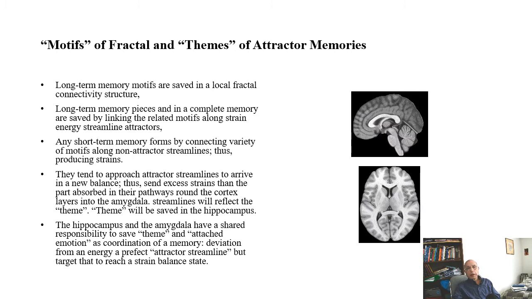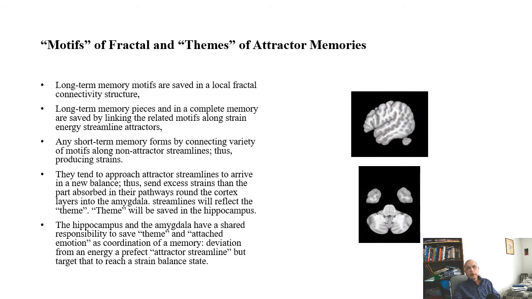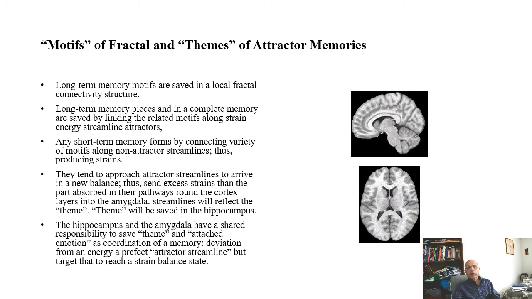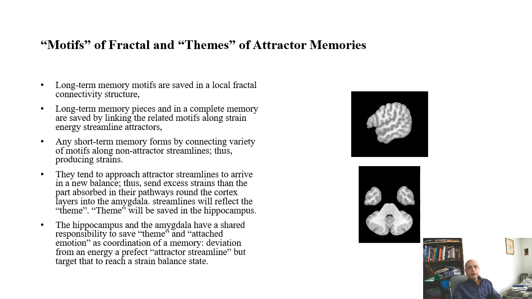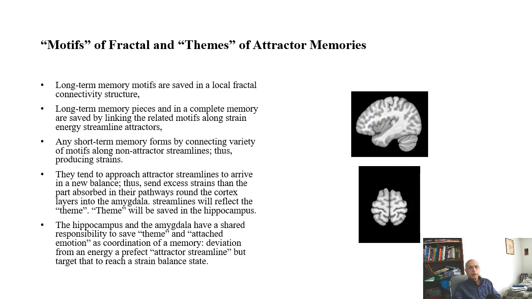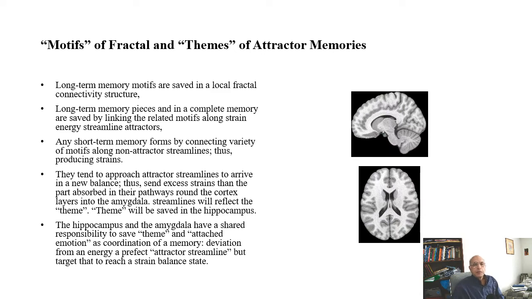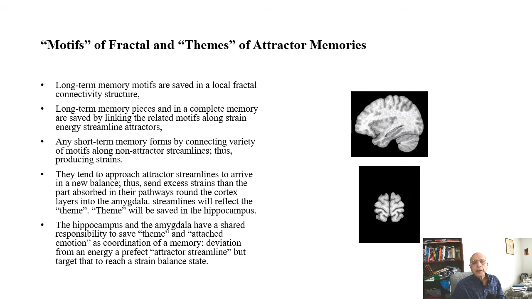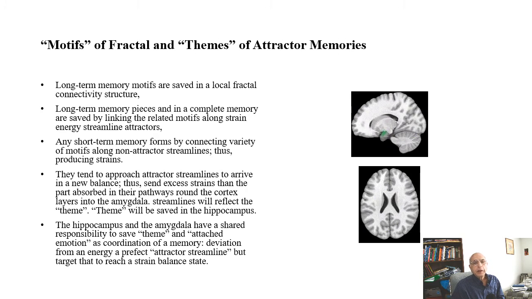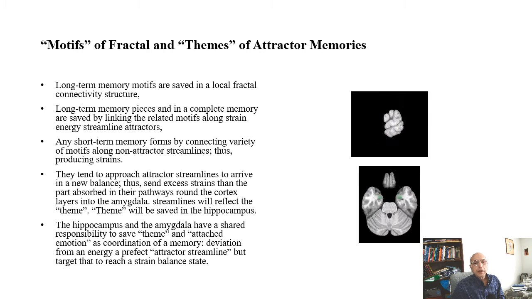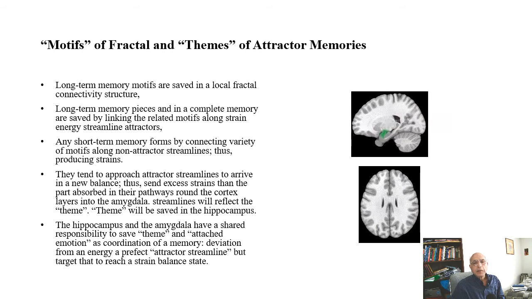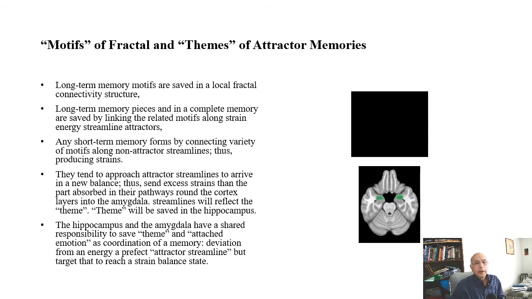Actually, a long-term memory is made of motifs or units that each is saved in a local fractal connectivity structure. These motifs link and form pieces and altogether a complete memory, linking the related motifs along strain energy streamline attractors.